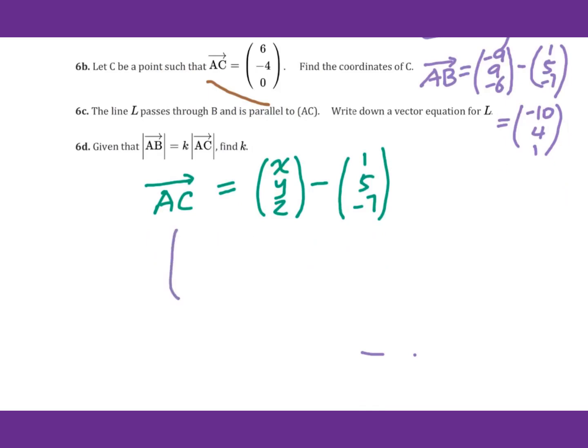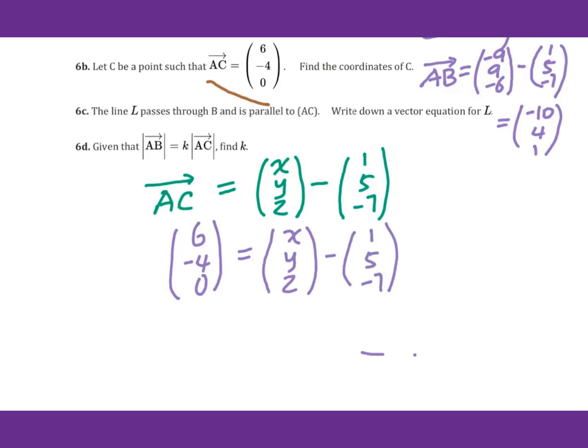Vector AC, we got (6, negative 4, 0) equals (x, y, z) minus (1, 5, negative 7).